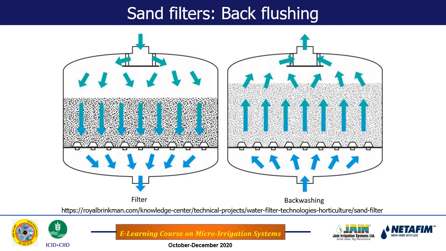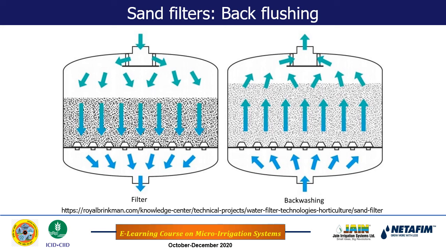So we allow water to pass to the outlet, and then we discharge water from the inlet. So in this process, as we are passing the water with high pressure, whatever impurities are retained in the sand bed will move along with the water through the inlet, and there is one cock which will be taken out of the system.